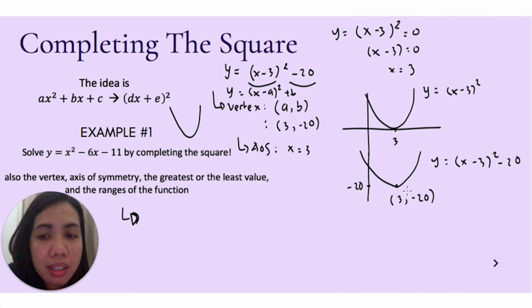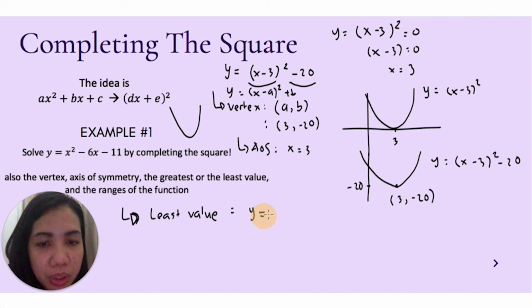Whenever you are asked about the value of the equation or the parabola, you are asked about the value of y. So in here, because it only has the least value, the least value is y equals minus 20.